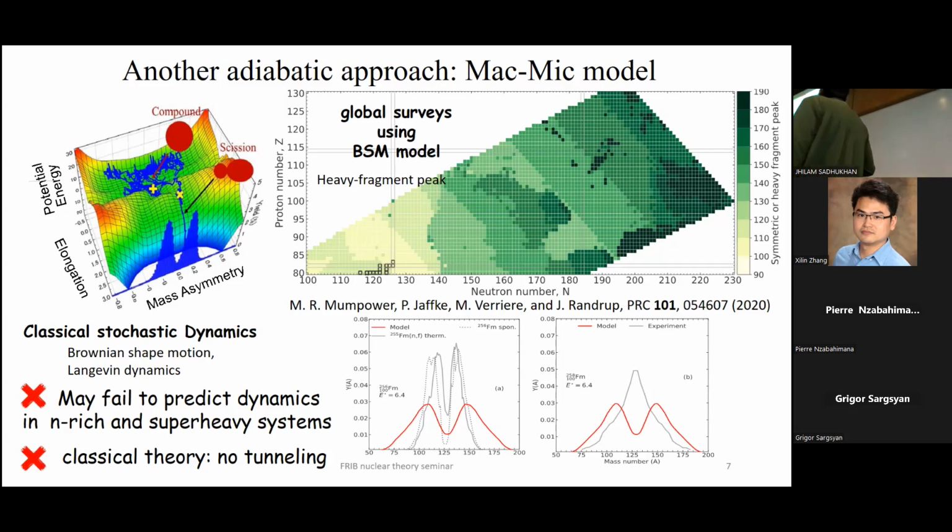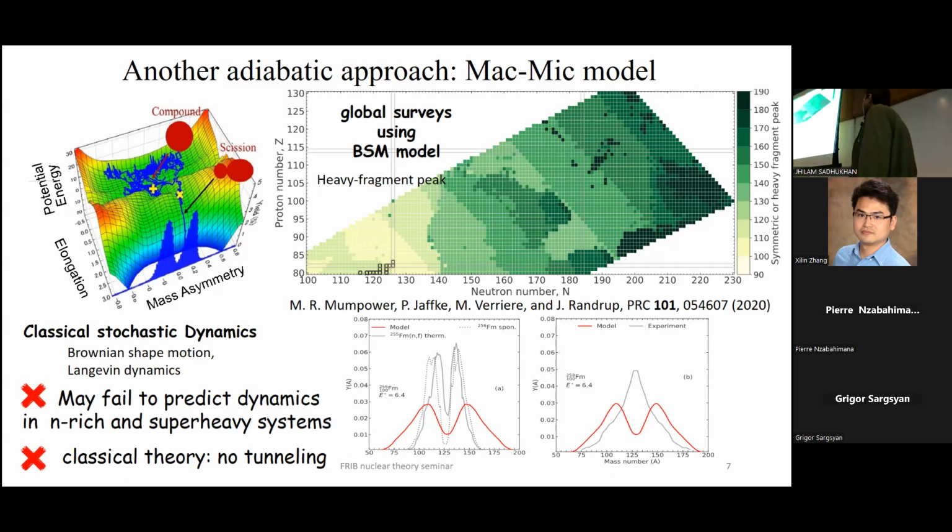This is one global survey of this type of calculation, where this plot shows the peak of the heavy fragment masses, and I showed it just to demonstrate that this type of calculation can be used for this type of global survey. But again, such limitations are there. If we go for very heavy systems like fermium, we can see that this red curve is the model prediction, and these gray lines are the data.